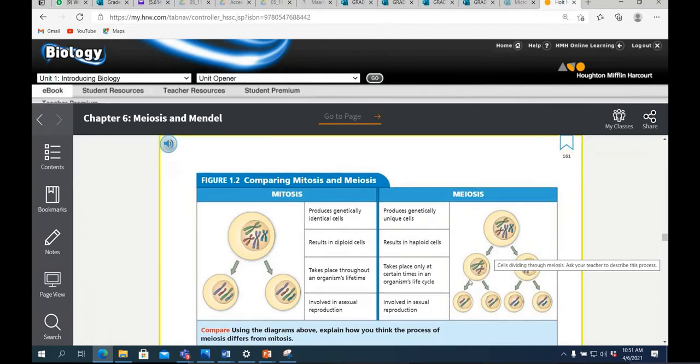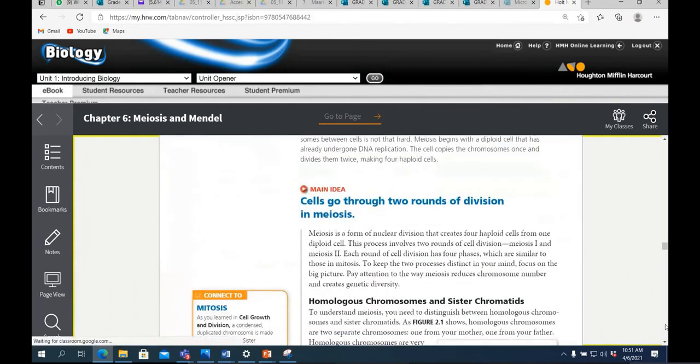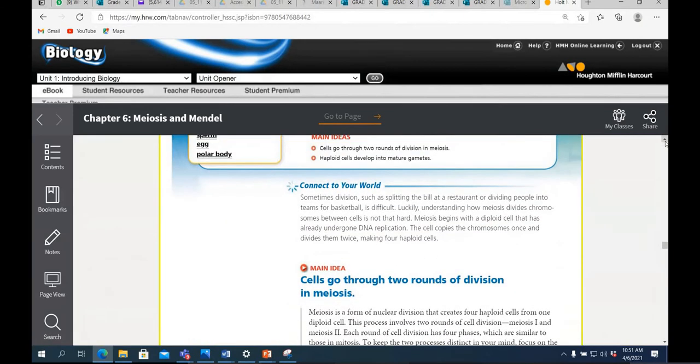And then in meiosis 1, you can see this combination, and in meiosis 2, you can see the formation of 4 haploid cells, which are not identical but very unique or different from each other. Okay, so we are going to discuss the process in detail now. So the cell copies the chromosomes once and then divides them twice, making 4 haploid cells.